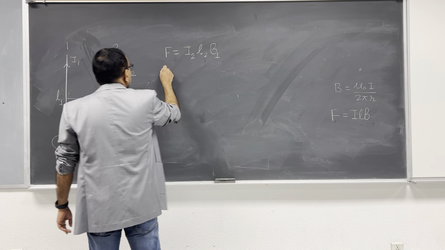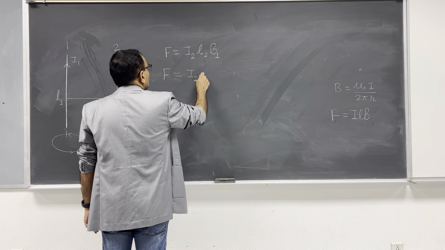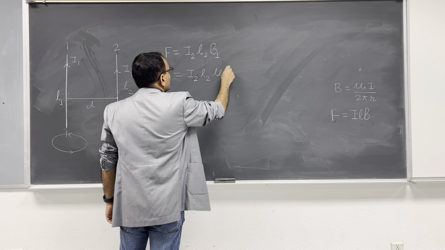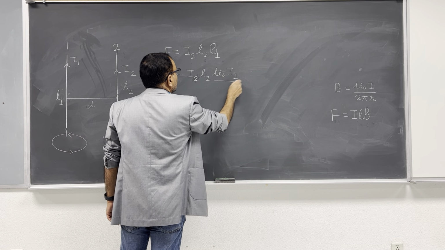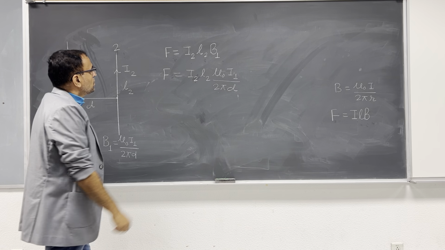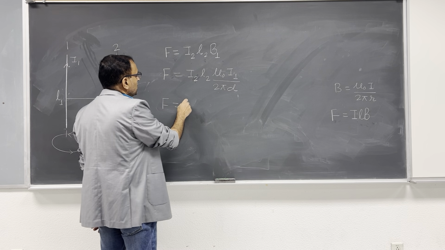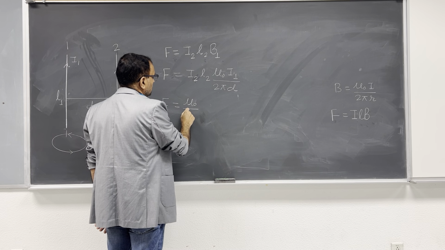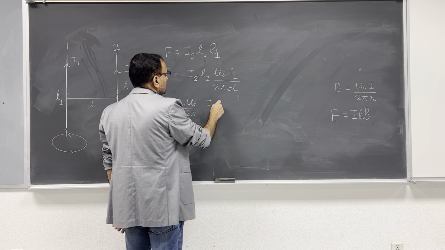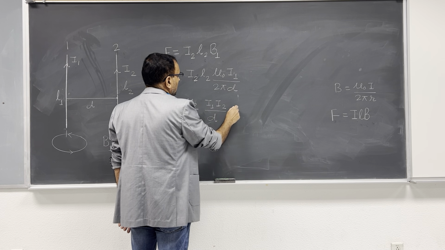So you can write I2 L2 B1, where B1 is mu naught I1 divided by 2 pi d. So you can write F equal to, in simpler form, mu naught divided by 2 pi, then I1 I2 divided by d, times L2.